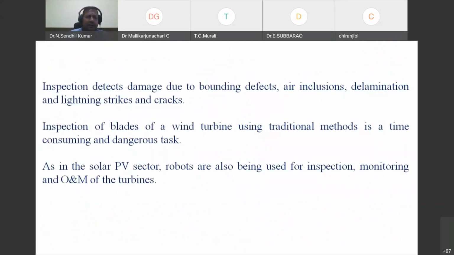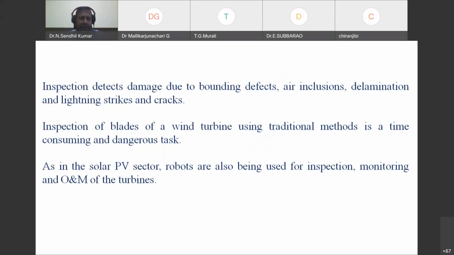This inspection detects damage due to bonding effects, air inclusion, delamination, all those things. Sometimes wind turbine blades also should be inspected continuously, whether any damage such as delamination is coming or not, or any dust accumulation is there or not.